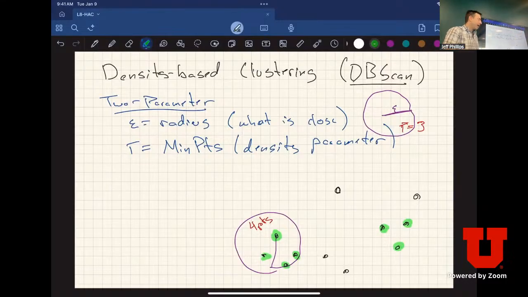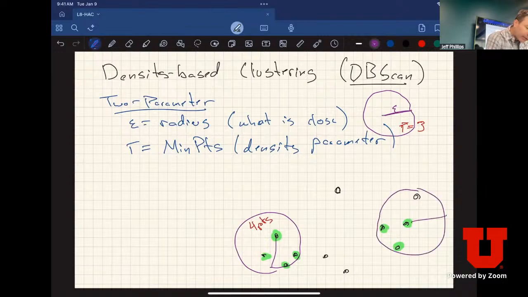They're going to have the right amount of density here. I could also draw a ball around this point here, and you see that it's a core point. This one is not a core point, even though it's inside of here, because if I draw this ball around this other point, it only has 2 points inside of it.